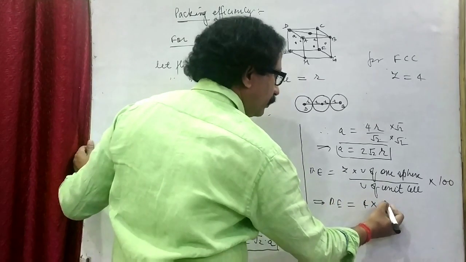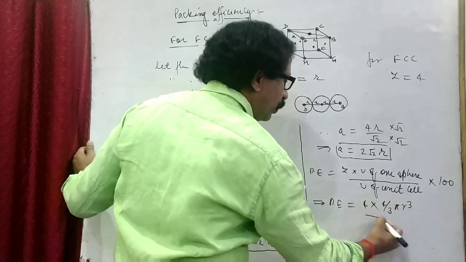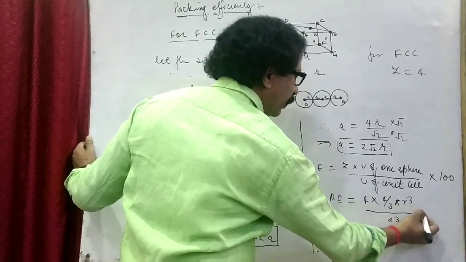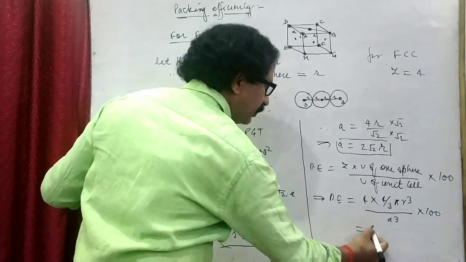So apply the values. 4 into 4 by 3 pi R cube, whole upon A cube, into 100.